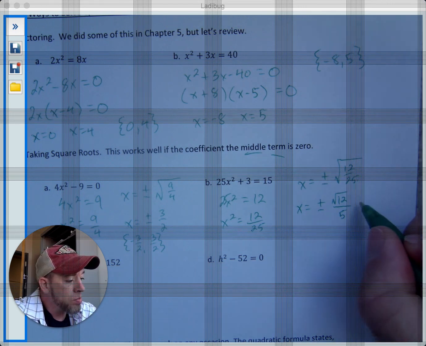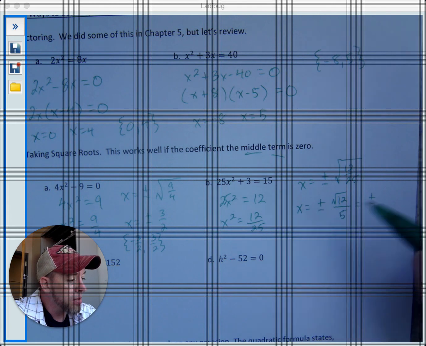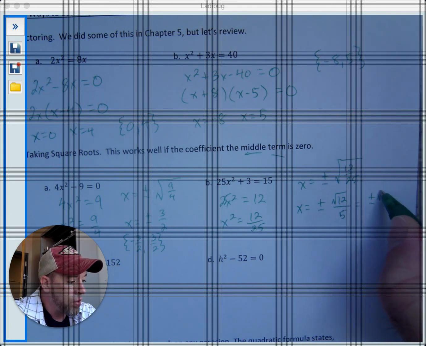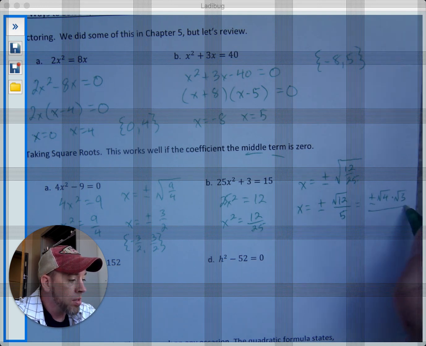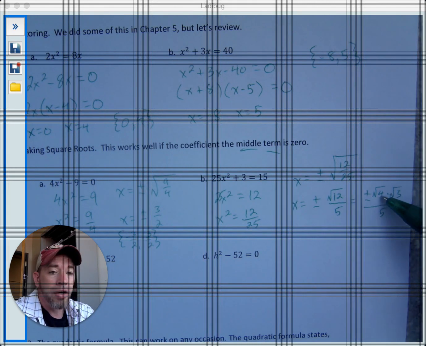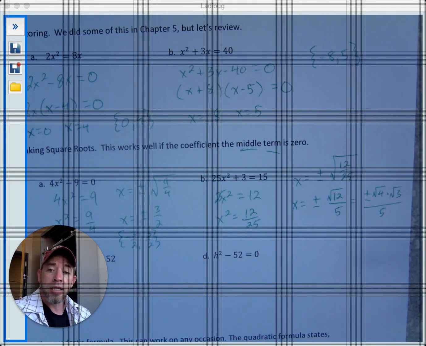So what I could do is rewrite this, plus or minus still. Square root of 12 could be written as the square root of 4, which is a perfect square, times the square root of 3, still all over 5. Square root of 4, however, is 2, right? So we're going to try to get all the perfect square factors out if we can.